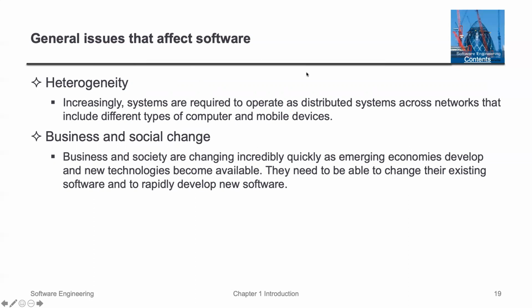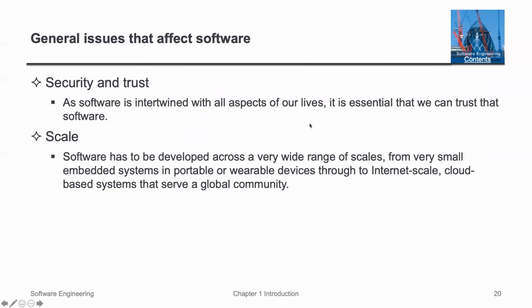So these are the kind of things that you have to be concerned about as you're going through the development and deployment. Security and trust. As software is intertwined with all aspects of our lives, it is essential that we trust that software. And if that trust is lost, it can be very hard, if maybe not even possible, for it to ever come back.